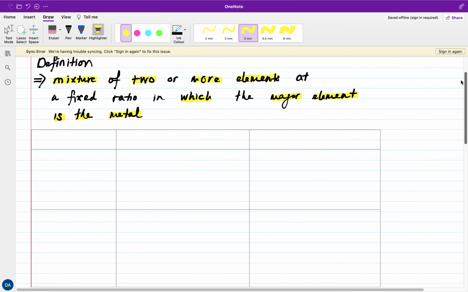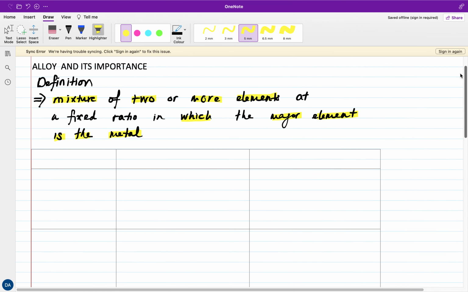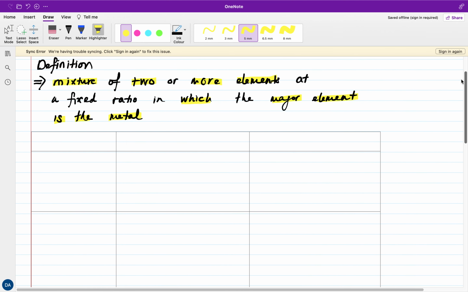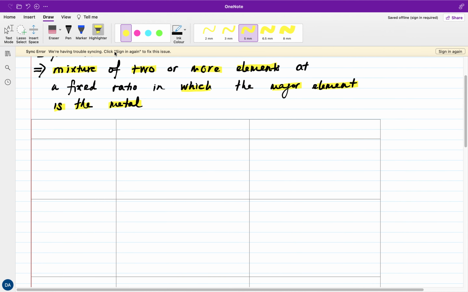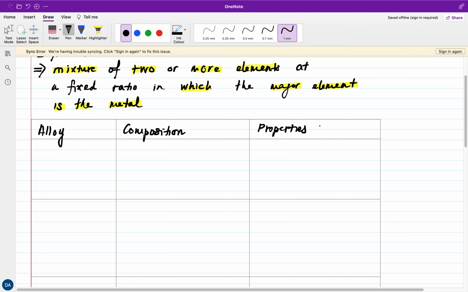Okay, let us go into the examples of alloy and their components and properties. So we'll be looking into examples of alloy, composition, and then properties and most common uses.